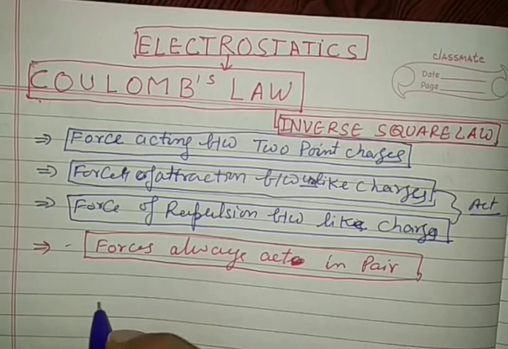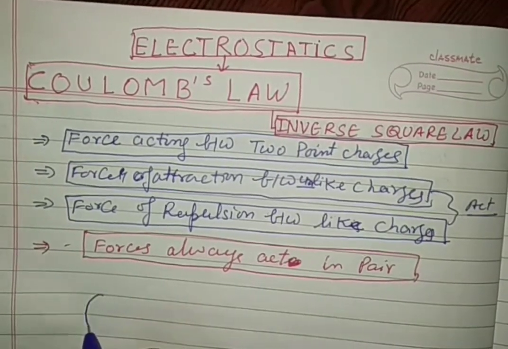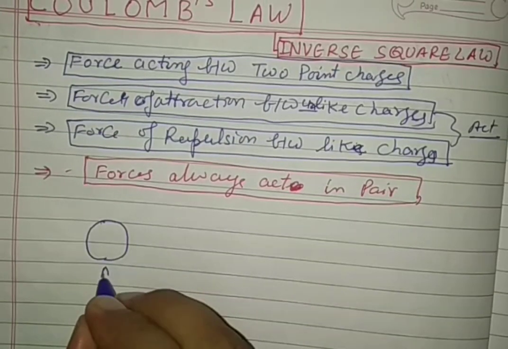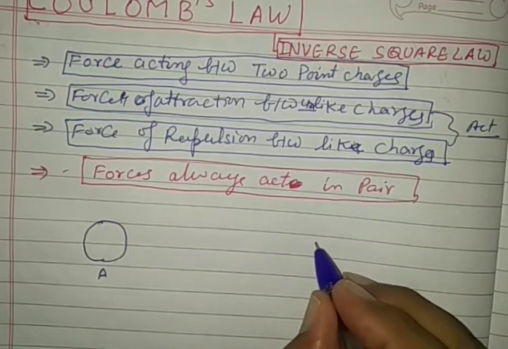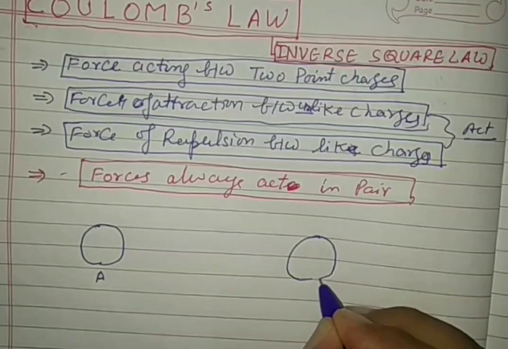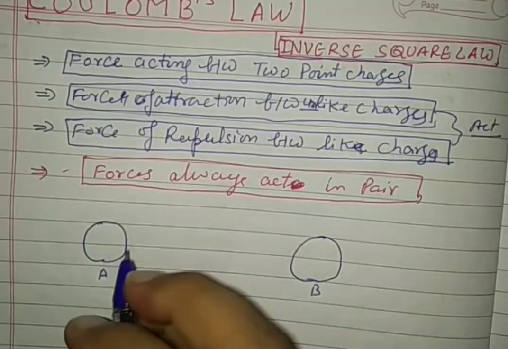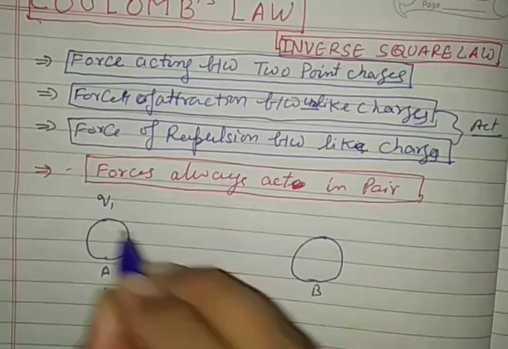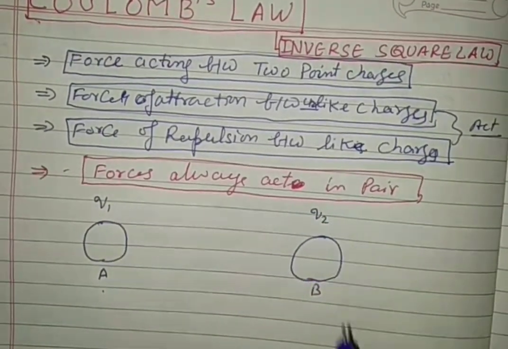Let us consider 2 point charges, two bodies. Here body A and body B. Both bodies have charges Q1 and Q2.